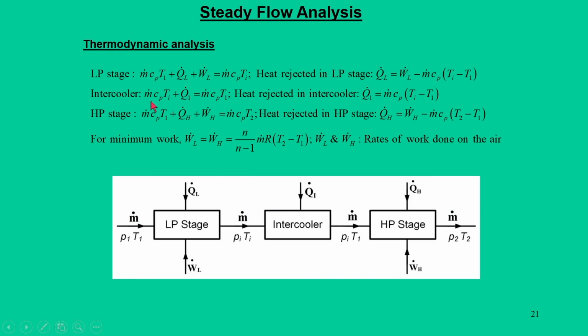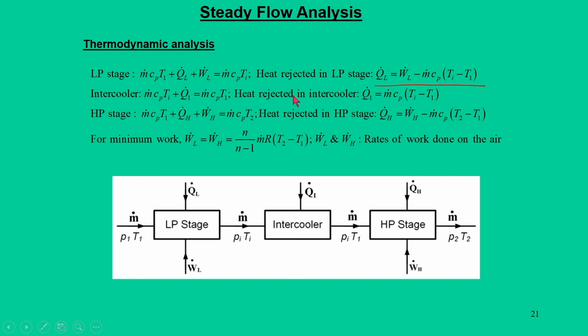So, for that, simple steady flow analysis equations for the LP stage, intercooler and HP stage are carried out here. For the LP stage we can see the energy balance equations, and ultimately we find the heat rejected from the LP stage is equal to Q dot L minus W dot L, where W dot L is the work input for this low pressure stage, minus m dot Cp into (T I minus T 1).